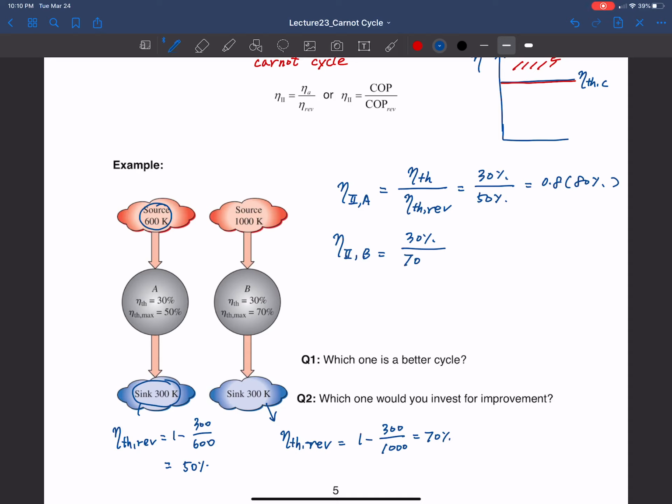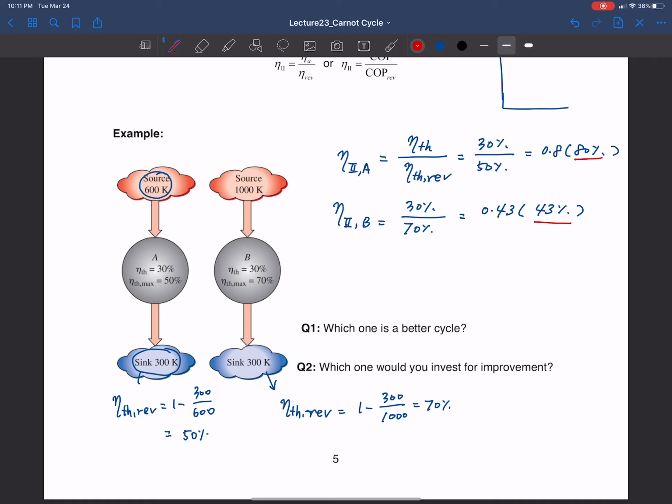So now we have 30% divided by 70%, that gives us 0.43 or 43%. So now, even though we cannot tell the difference between engine A and engine B if we only have the first law efficiency at 30%, by having the second law efficiency, can you tell me which heat engine is better? Of course, engine A is better because it gets to a much larger fraction of the ideal efficiency.